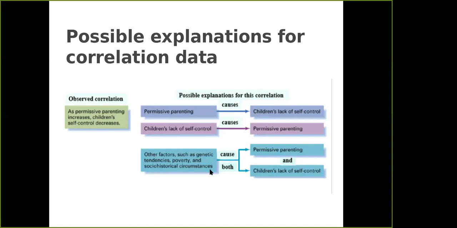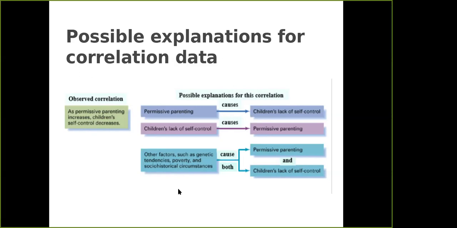It could also be that something else, that extraneous variable Z, is causing both. So genetic differences, because the parents share the same genes as the child, or culture or poverty, that could cause both permissive parenting and lack of self-control. And so what looks like a correlation between the two is really because they're both linked with something else that we didn't assess.